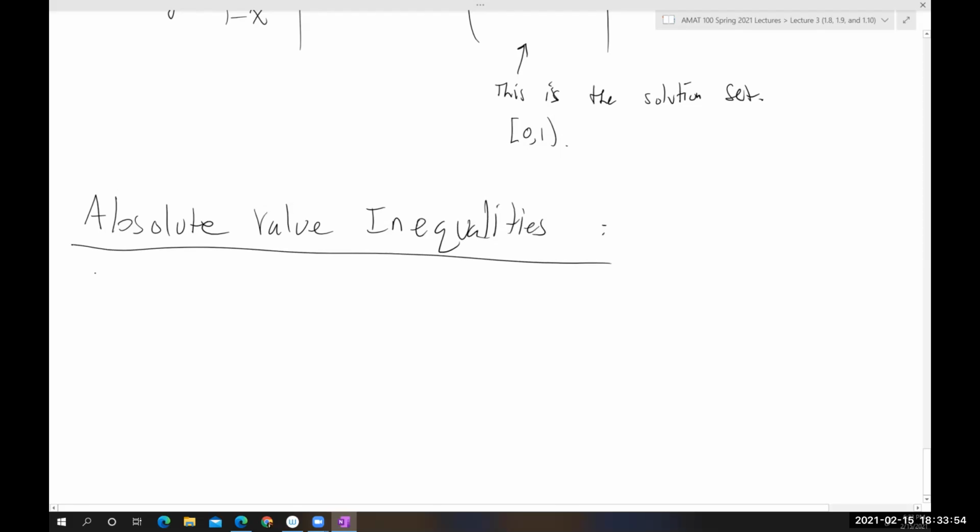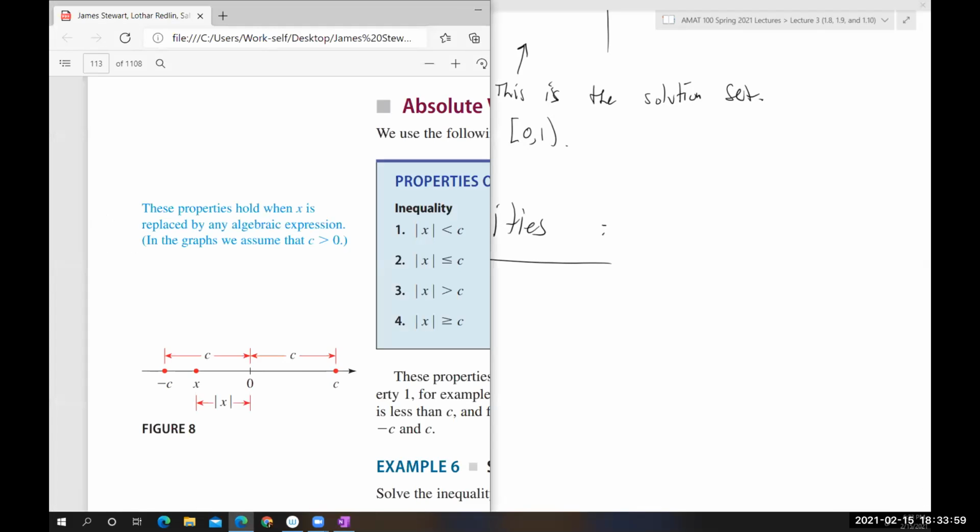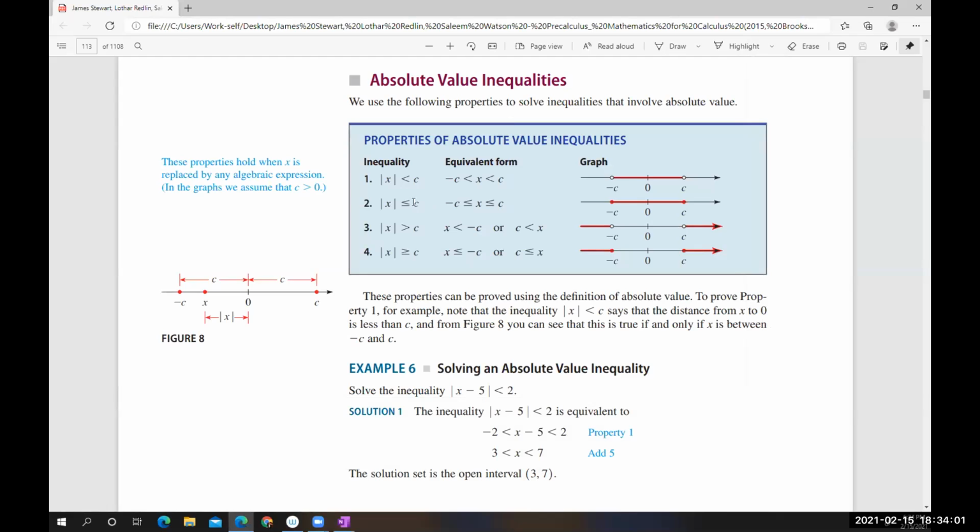So let me pull up this table that will be helpful because it gives us some definitions. It gives you the inequality, it gives you this equivalent form, and then it gives you a plot of the solution set. So this second column tells you what this first inequality means.